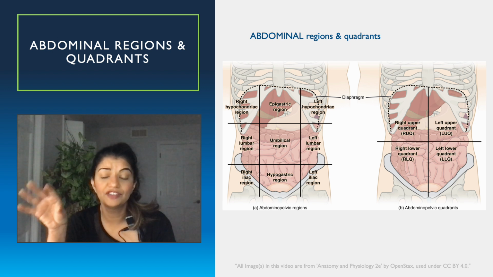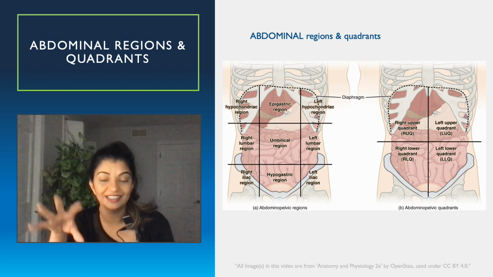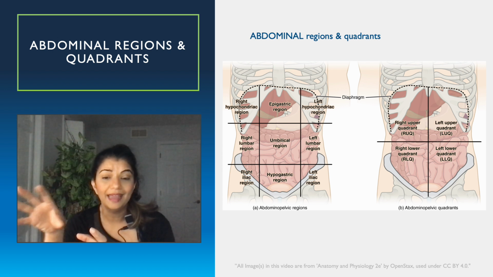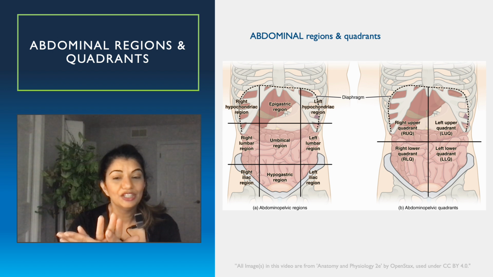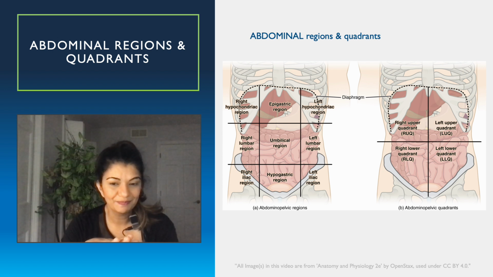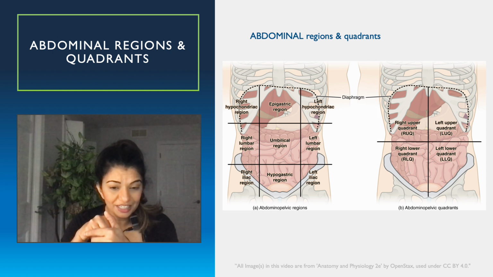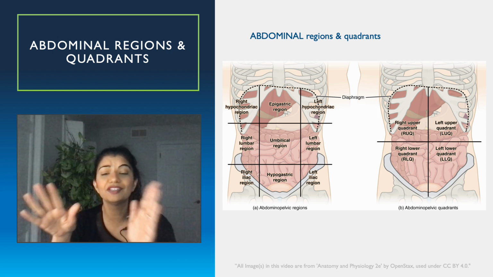So you have to memorize that the epigastric region, we've got the liver and the stomach, part of the stomach, right? Now, if you superimpose the quadrants on there, you'll know that the right upper quadrant has part of the right hypochondriac region. It's got part of the epigastric region, umbilical, and lumbar, right? So you have to know both.